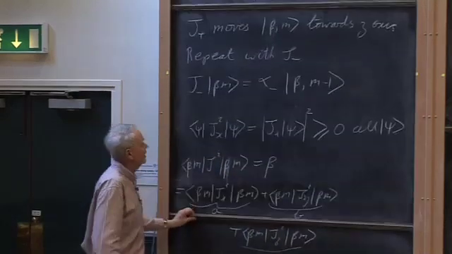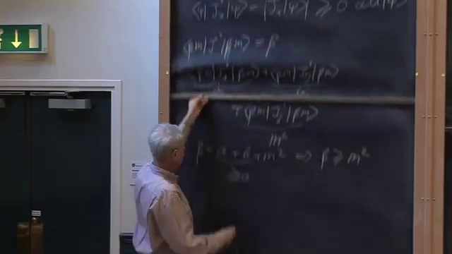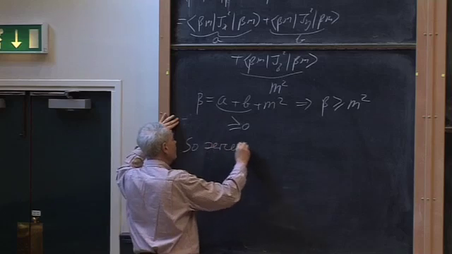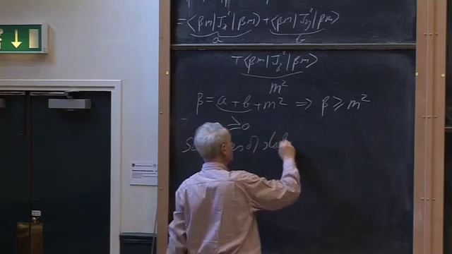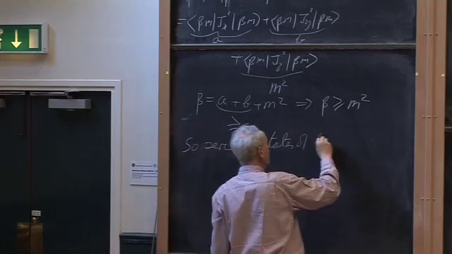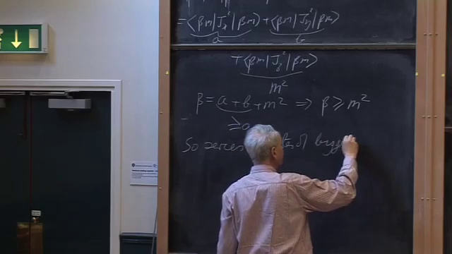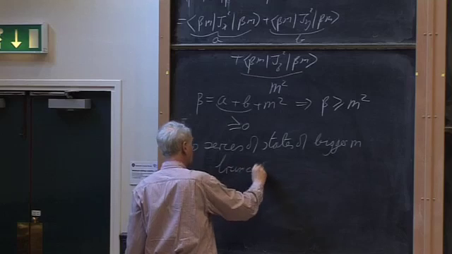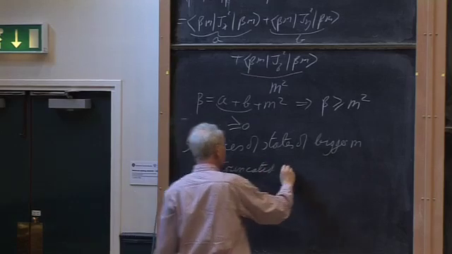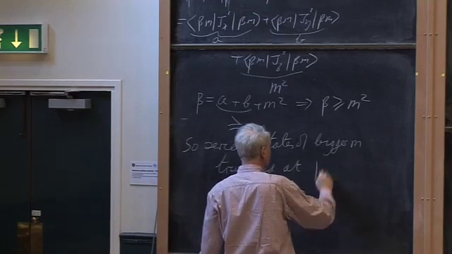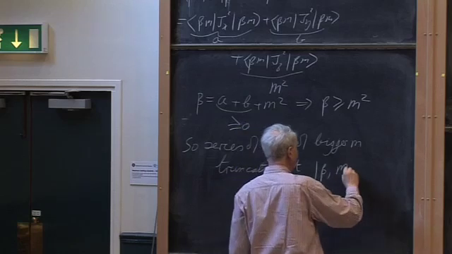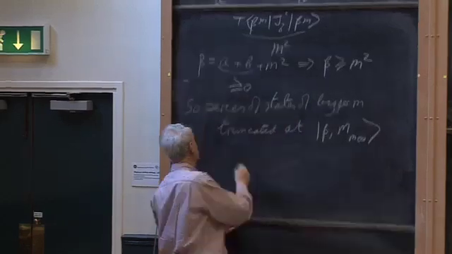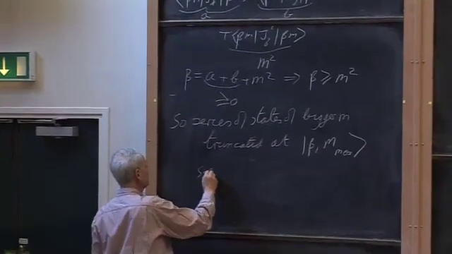What gives is that eventually the series of states of bigger m is truncated at |β, m_max>, for the maximum value of m, such that, how does this happen?